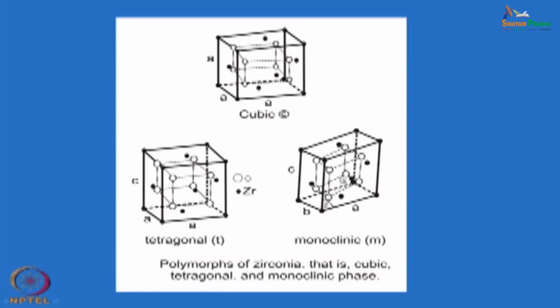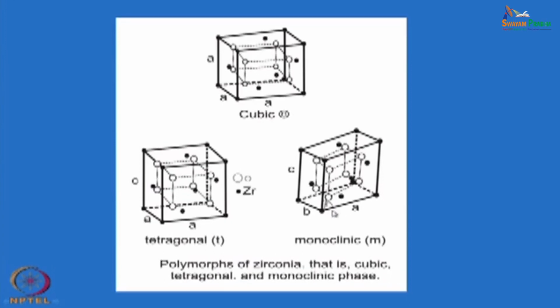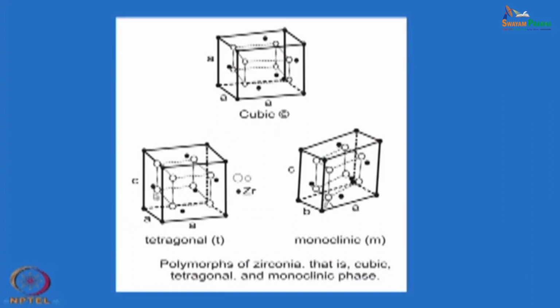Monoclinic is the low temperature modification, room temperature to about 1100 degrees centigrade. From 1100 degrees to about 2200 degrees centigrade, the tetragonal structure is stable, and above 2200 it becomes cubic. So, the higher the temperature, the more symmetric the structure becomes. That is the normal tendency in any polymorphic transformation.